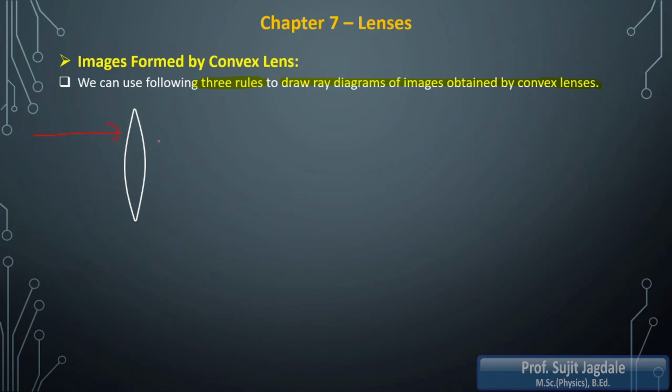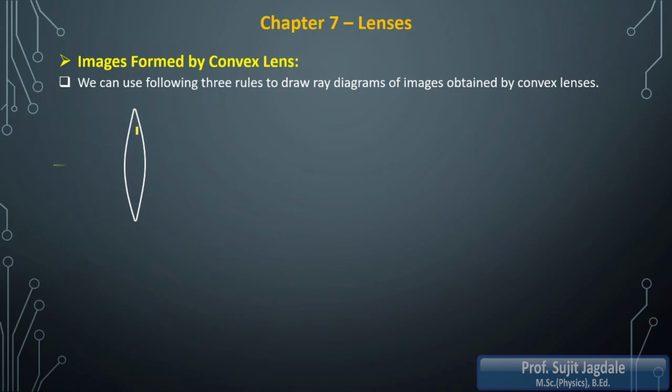It doesn't matter where you keep the lens, whether exactly at the right corner or at the center, no problem. Whatever the position of the lens, you have to consider incident rays traveling from left to right. That is our basic rule.